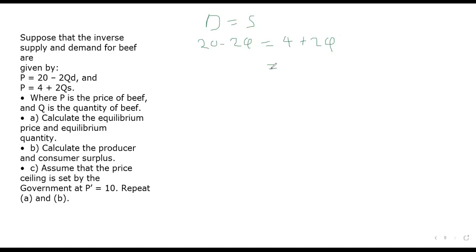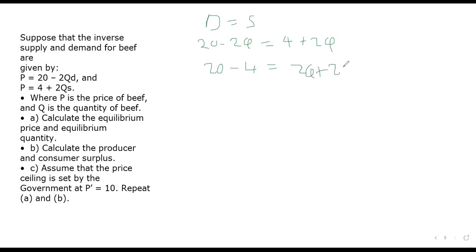20 minus 4. And then 2q plus 2q. Am I on the right track? So here 20 minus 4, correct? And then 2q plus 2q.